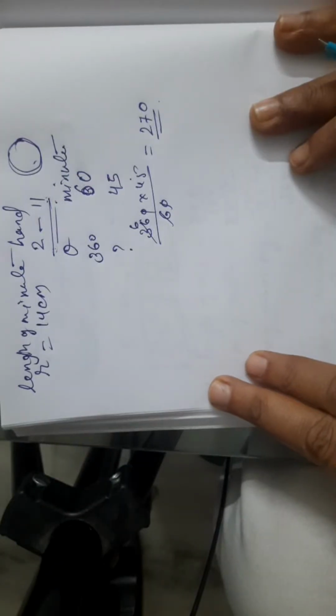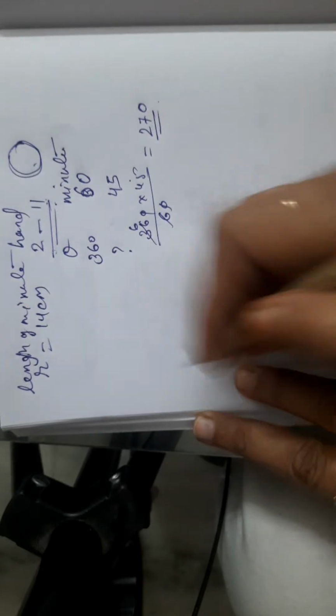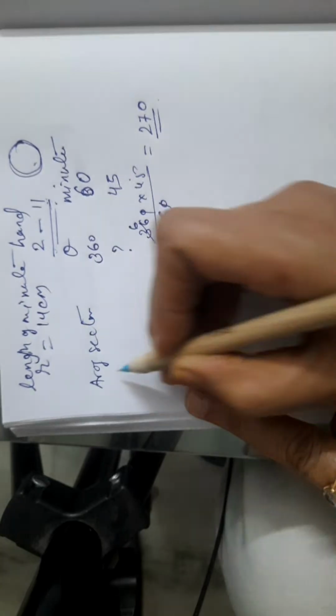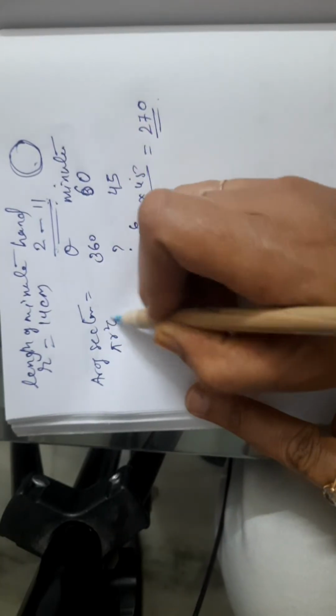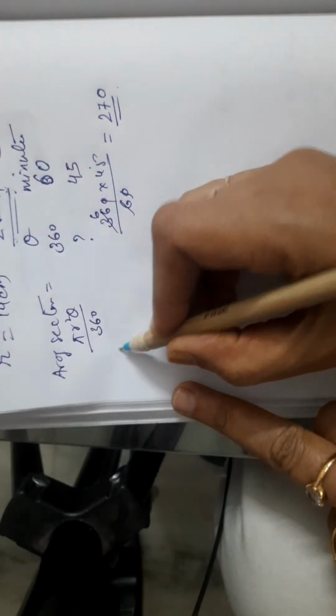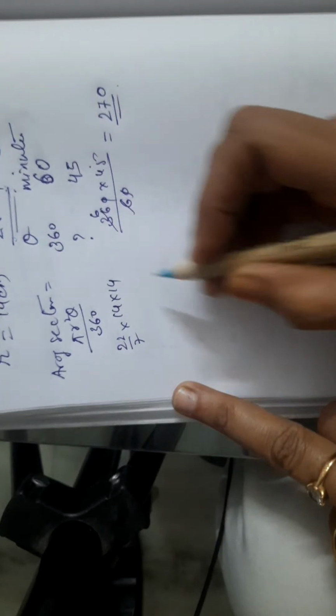Now we need to find out how much area it will sweep when theta is 270. Area of sector is pi r square, theta by 360. Pi value 22 by 7, radius is 14, which is the length of the minute hand.